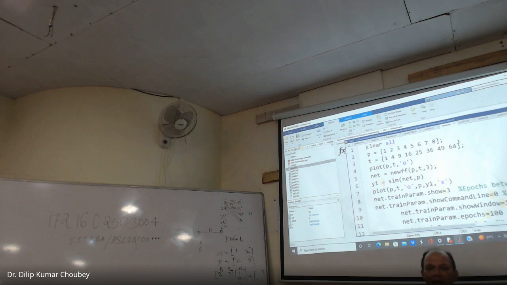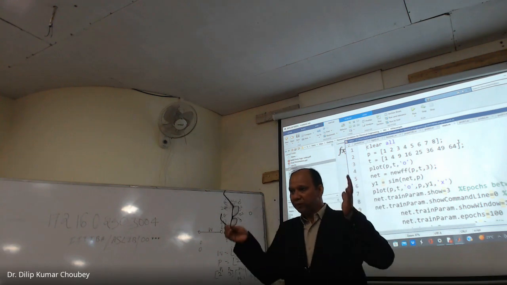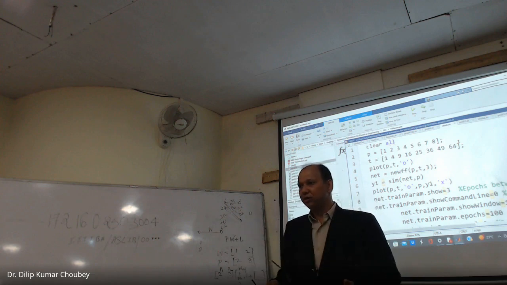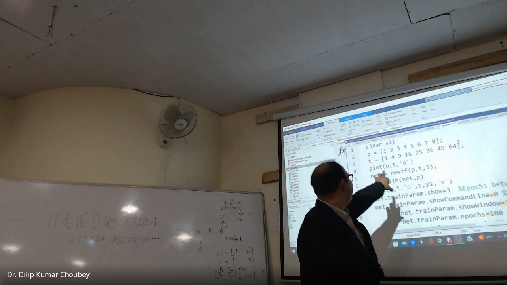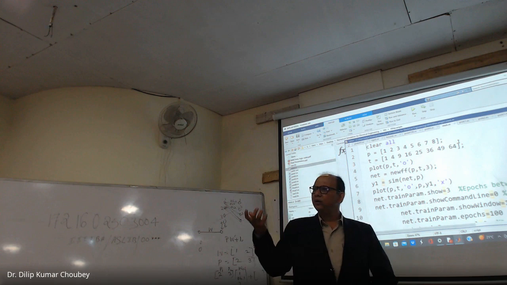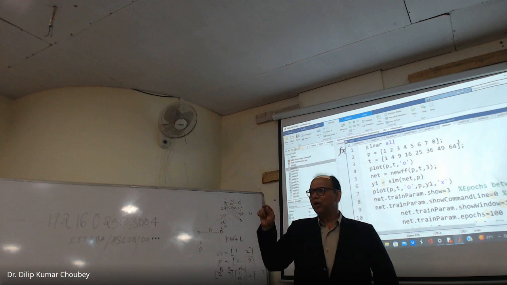Suppose every time you consider that this is the neural network. The first step is you have the data, input data and output data, and how you can proceed. That is your first. In the initial stage, you put the P and T. With 1,000 data, it is not possible to input the data manually. So there we consider P equals xlsread of your particular file.